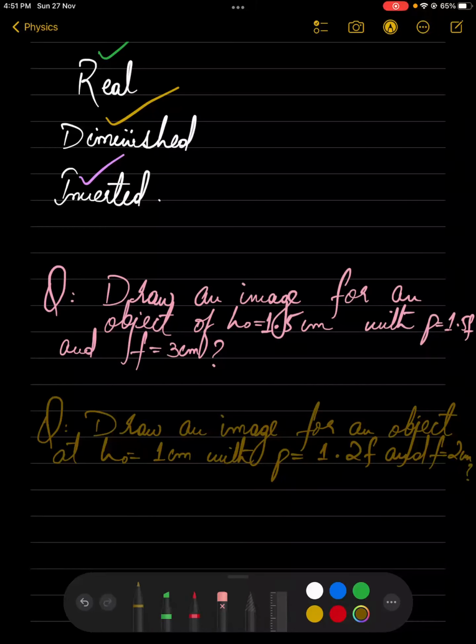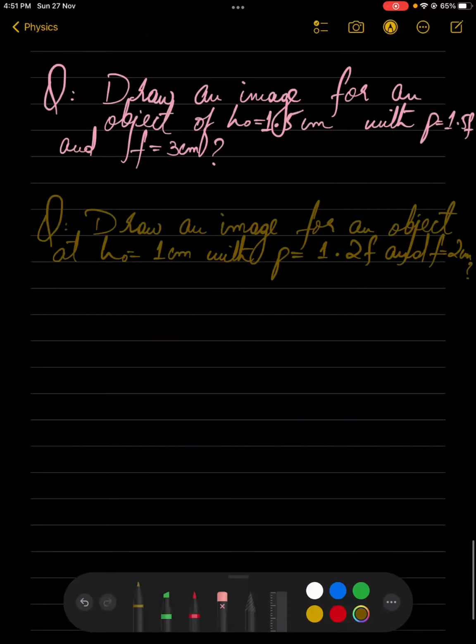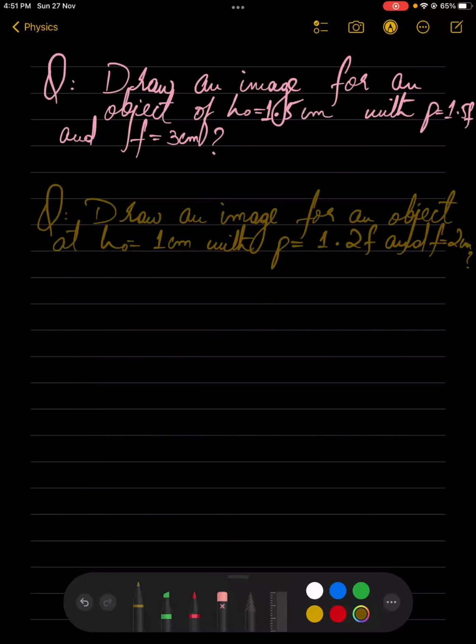ओके, यू नीड टू सॉल्व दिस, और ये दोनों ही क्वेश्चंस आपने सॉल्व करने. You need to draw the images for each one of them and tell me what are the properties for this particular image as well as the size of the image.